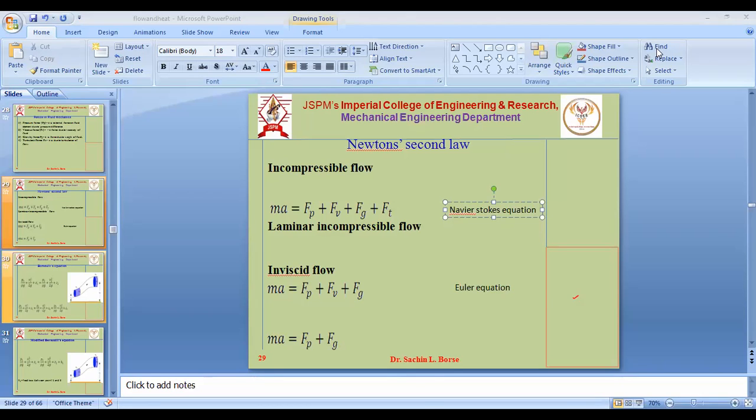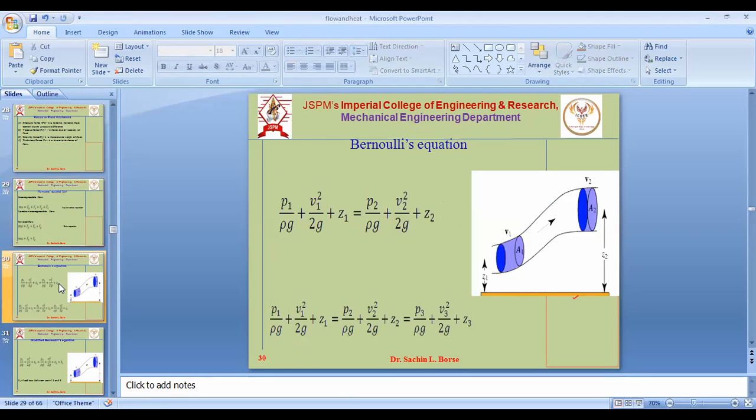One more concept which is related to fluid mechanics is what? Bernoulli's equation. Okay. What is that equation? Suppose this is a random pipe.